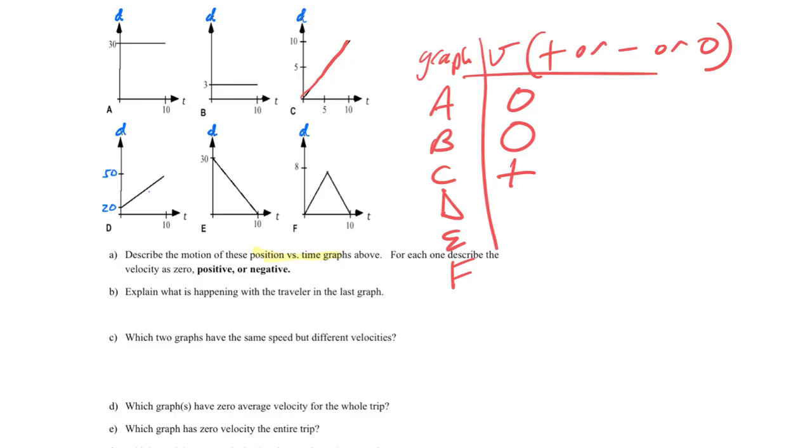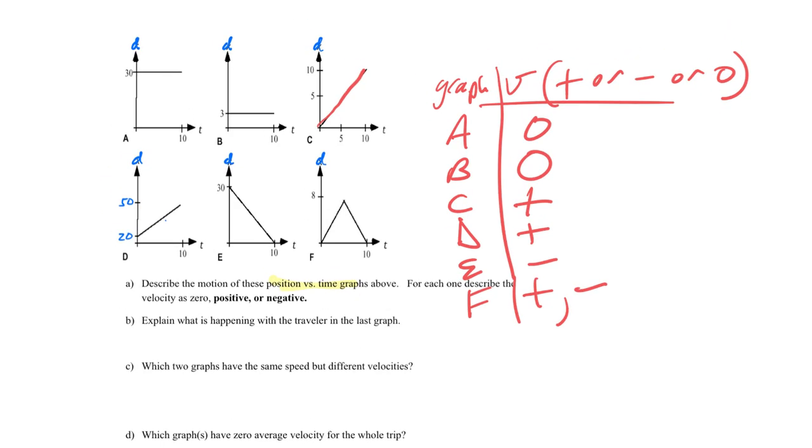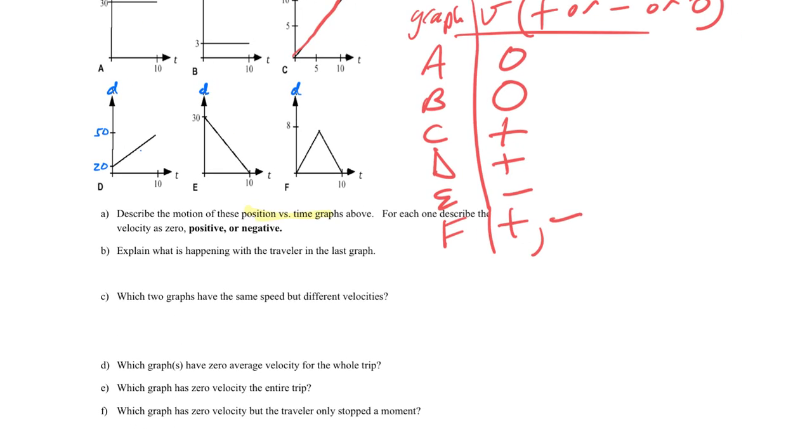Just positive velocity going uphill. Letter D, same thing. Letter E, negative velocity because it's downhill. Letter F looks like positive for the first half and then negative for the second half because the second half goes downhill.